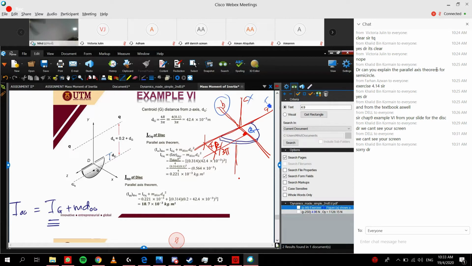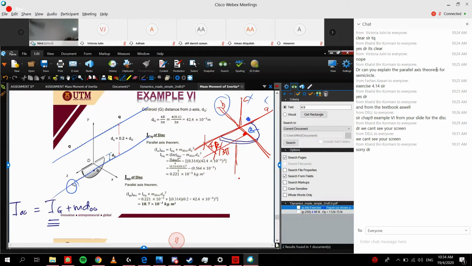If we go back to the question, we are required to find I_QQ, which is up there. Parallel to I_QQ, the one that passes through G is this axis, I_GQ.